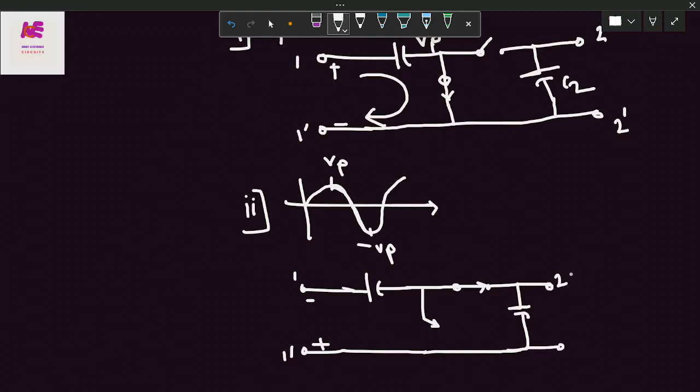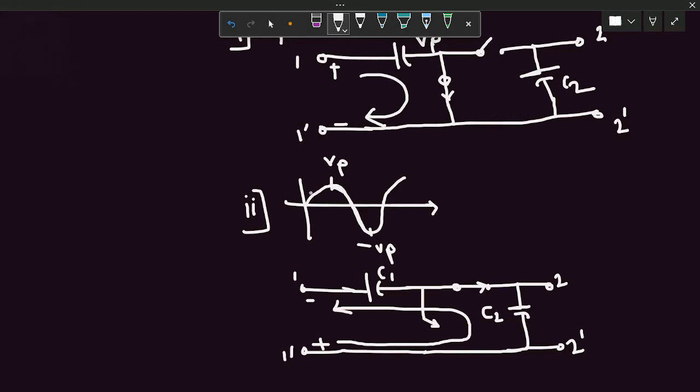Say this is 2 and this is 2 dash. So from Vp to minus Vp, capacitor C1 starts discharging and capacitor C2 starts charging. So capacitor C2 starts charging from peak value to minus Vp, and capacitor C1 starts discharging.